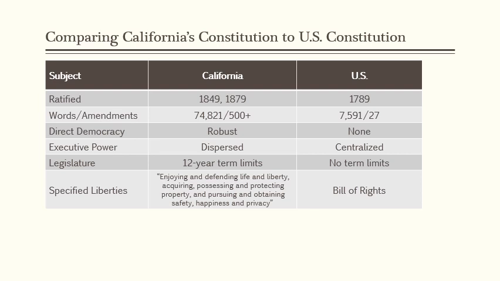California has 8 separate elected executive branch officials. So while the governor is the highest profile figure in the state's executive branch, he or she has to share power with a lieutenant governor, secretary of state, attorney general, treasurer, controller, superintendent of public instruction, and insurance commissioner.